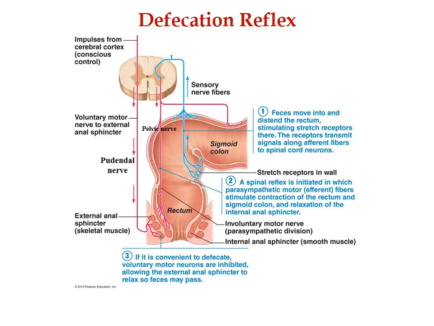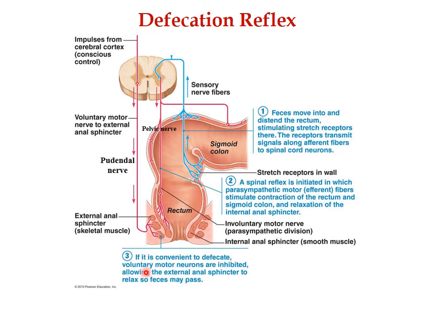So in this particular flow chart, you need to remember that the internal anal sphincter is innervated by smooth muscle, whereas the external anal sphincter is innervated by skeletal muscle. And you need to know the function of the pudendal nerve, which is a somatic nerve, and the function of the pelvic nerve, which is a parasympathetic nerve. So this flow chart you need to see and study from the various steps already mentioned here.